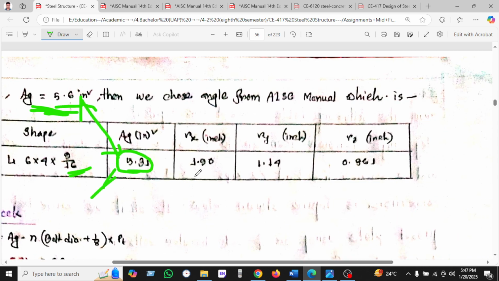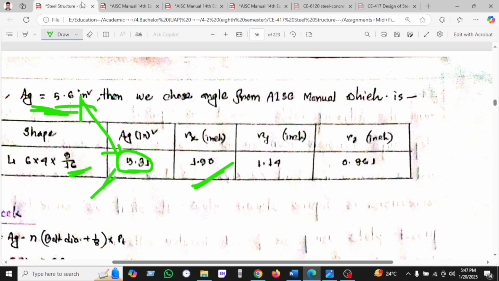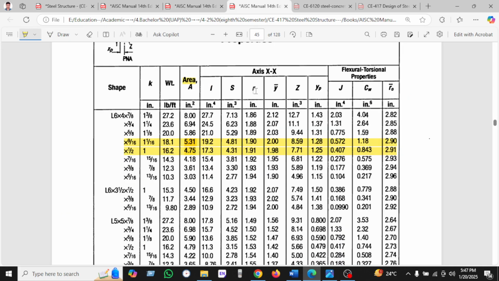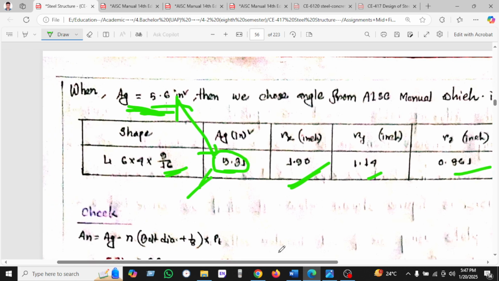If we select it this way, then we take the rx value. We have rx, which is 1.9. We see the x-axis here and this is r, so 1.9 is rx. In the same way, we don't need ry or rz, but we are taking them here.